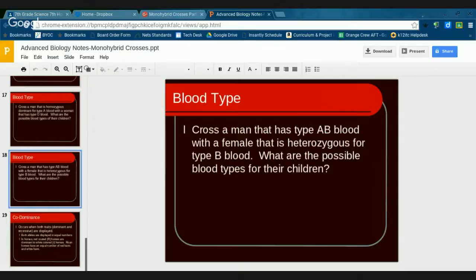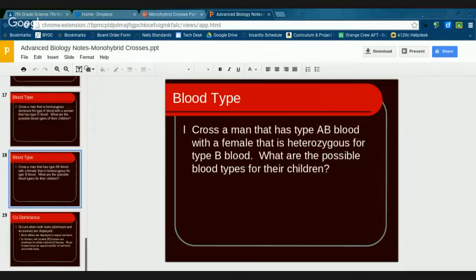Okay, so your man has type AB blood, so I went ahead and put him on the top there. And then the female is heterozygous for type B blood, so that means she's got a B and then an O. And then when you cross it, the top left corner there, their genotype is AB, which means they can have type AB blood.